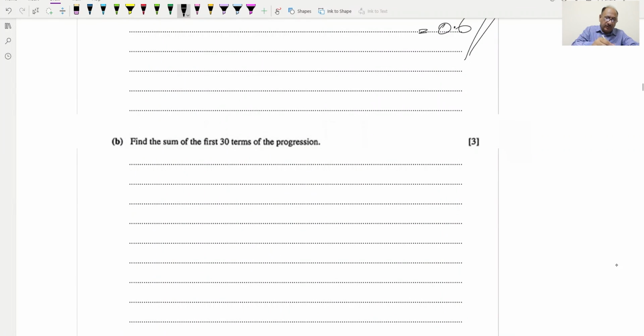Now for the B part, it says find the sum of first 30 terms of the progression. So S30. We know Sn is equal to n by 2 times 2a plus n minus 1 into d; you can refer to the formula sheet also.